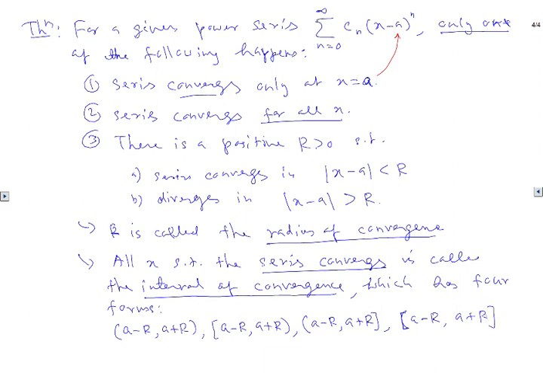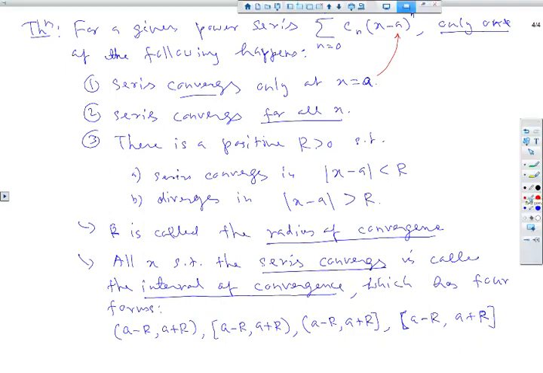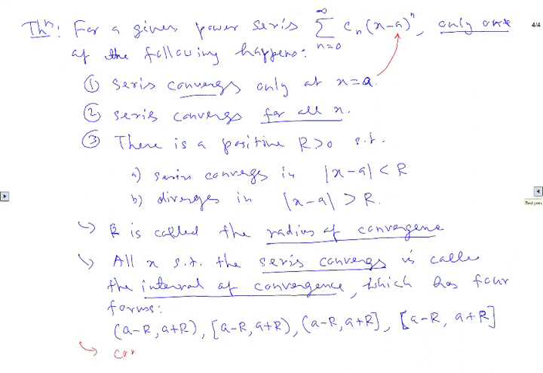So the question is, what do you do with the corners? You want to consider the endpoints separately. That's very important. There are two endpoints, and we consider them separately because we cannot say anything about them otherwise.